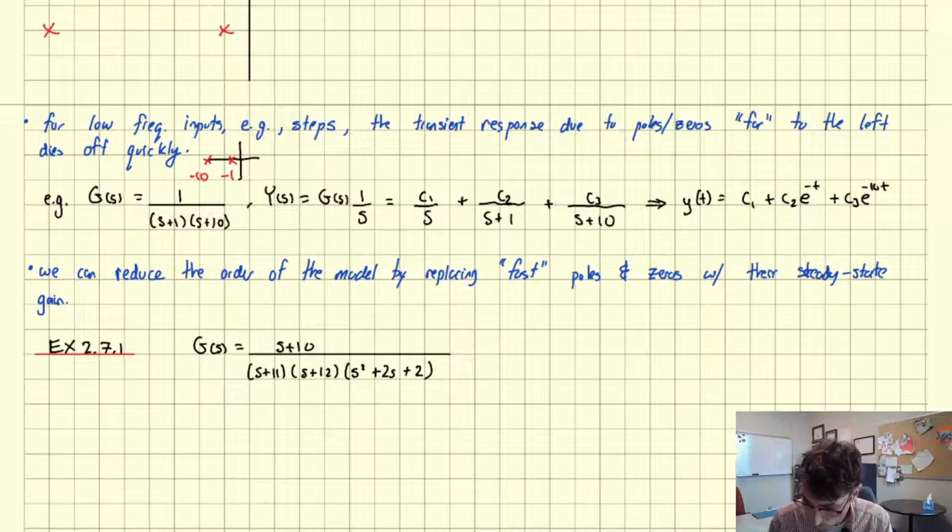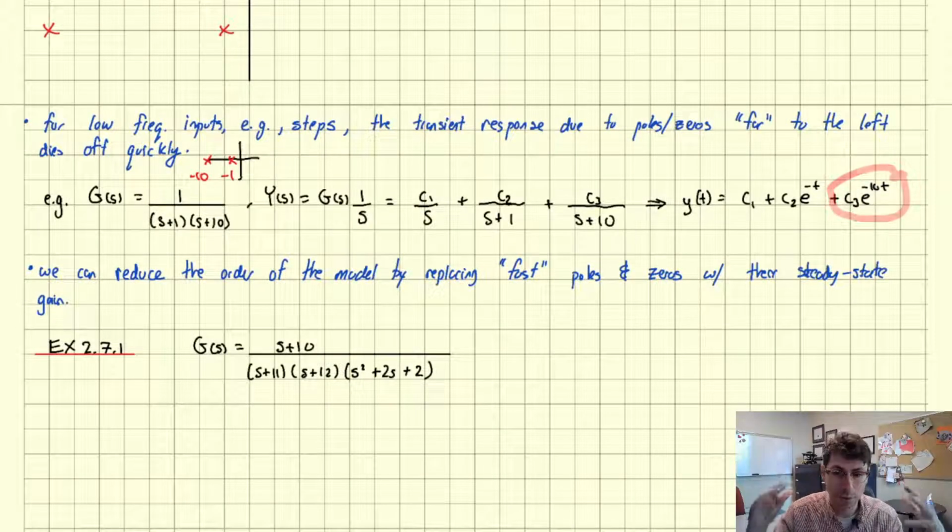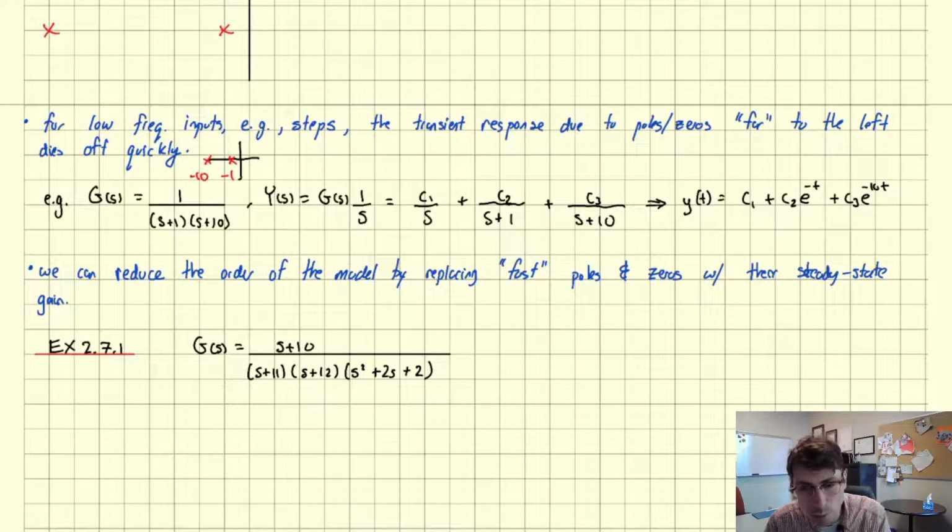The pole at -1, I would call slow because it takes longer for its transient response to go away. Whereas the pole at -10 decays very quickly to 0. So I would call that fast. Its transient goes away quickly. So let's call that fast. Whereas the slower one is a bit more sluggish. Its effect lingers over a longer period of time.